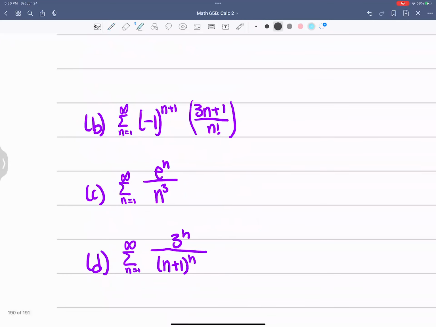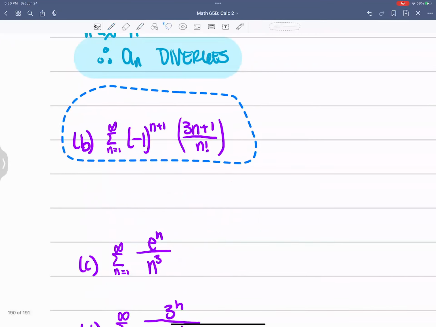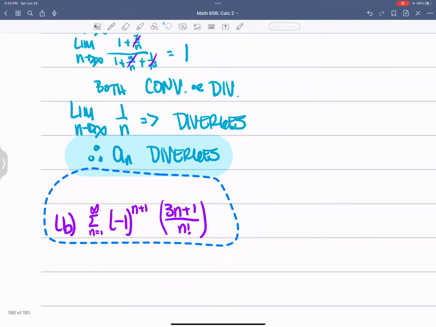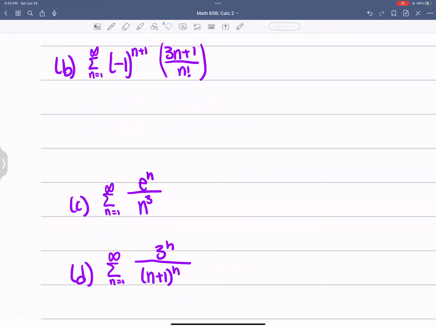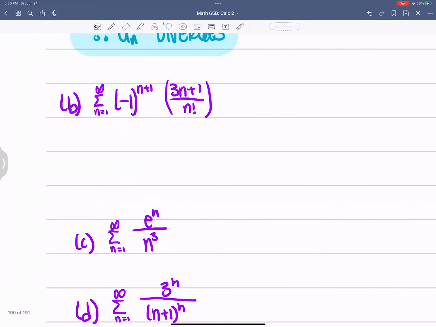Let's give that second one a try. This is an alternating series, so let's see what our options are. Let's do a ratio test just because we have that n factorial.